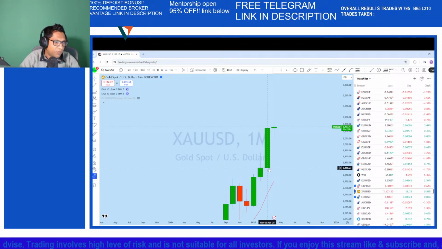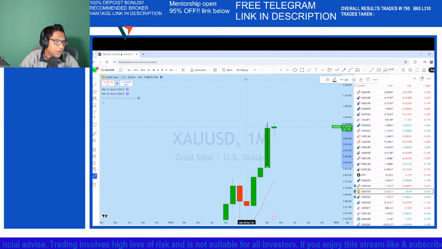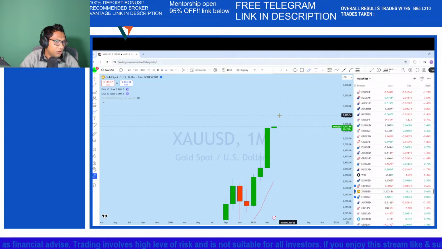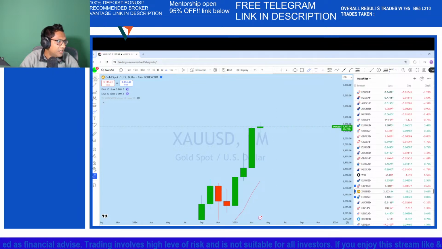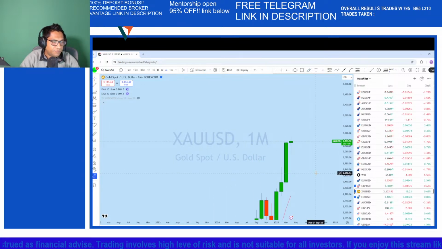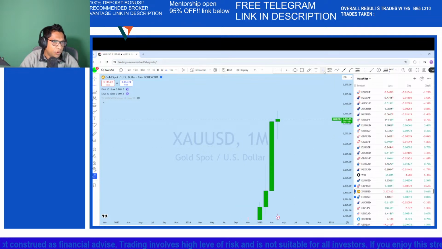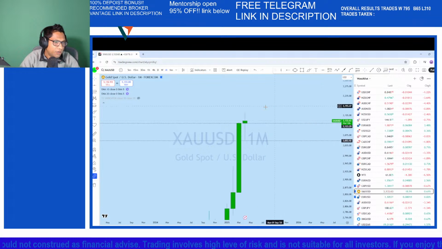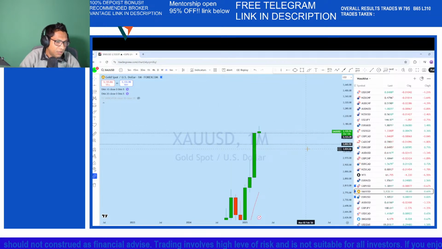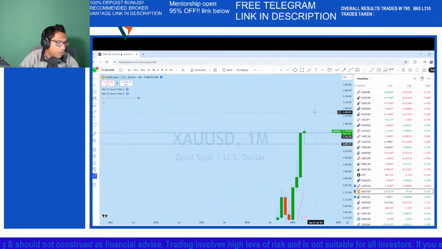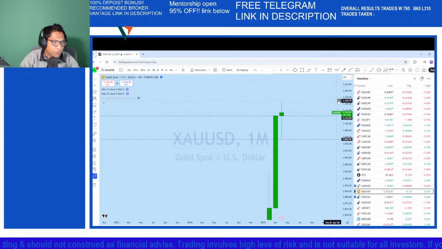We can see that from here, this is the gold bullish candlestick pattern, followed by the monthly doji formation in that area, and here we can see the monthly price action. This is an important level of support here, and also this is an important level of support here, quite an important zone on XAUUSD.